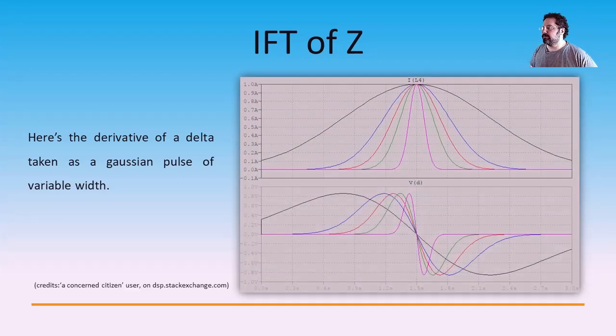This is the image. As you can see, they are two pulses, opposite to each other and one after the other, one before the zero, the center of the impulse, and one after the zero.